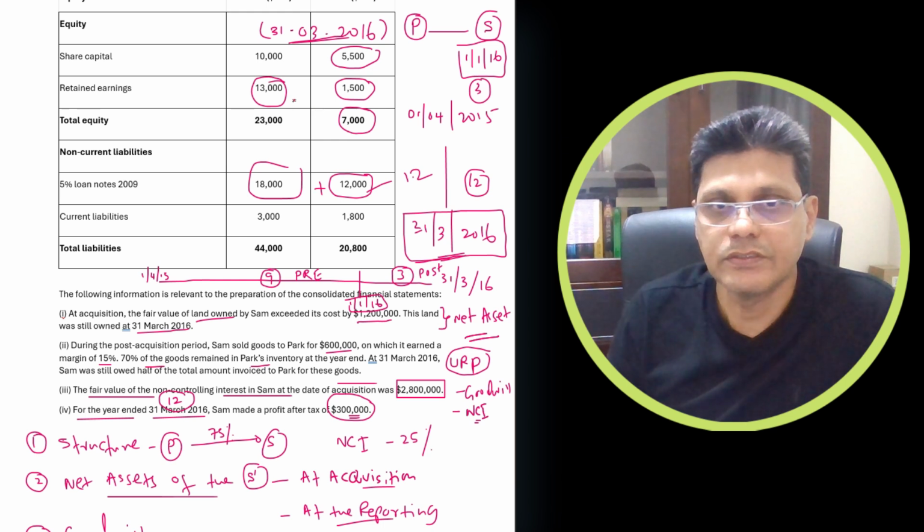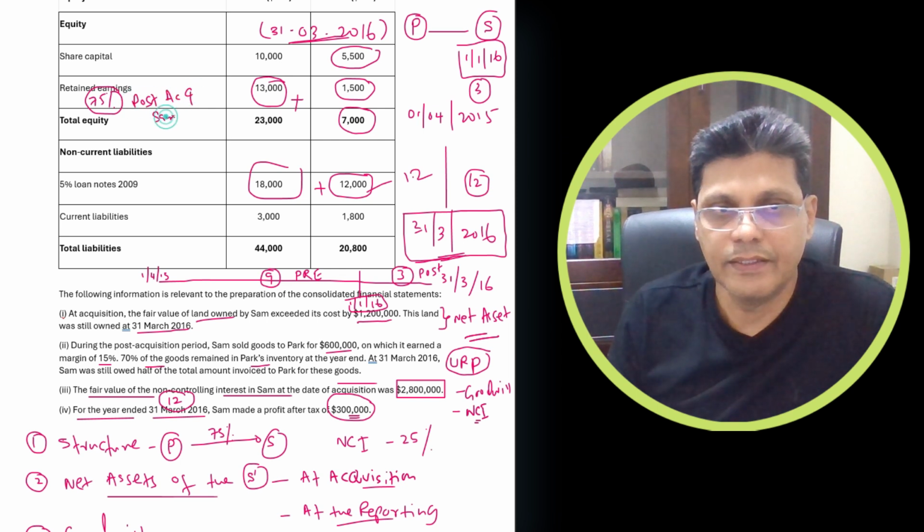You need to add to this 13 million the post acquisition profit of SAM. And what is the percentage acquired? 75%. So 75% of the post acquisition profit of SAM should be added.